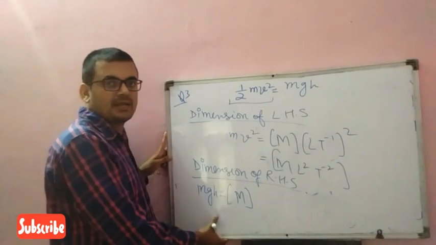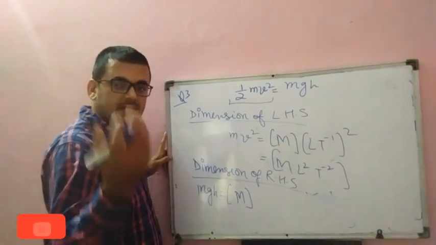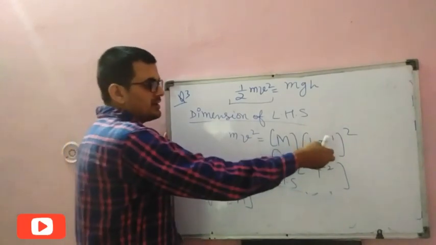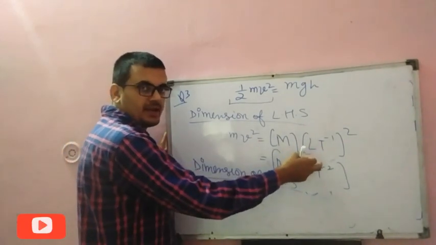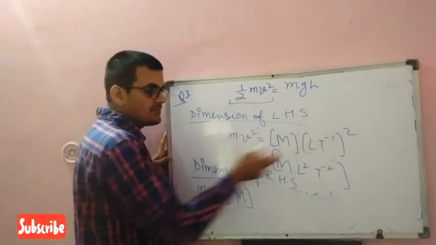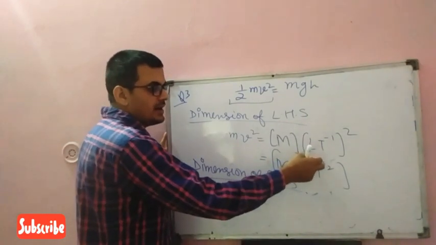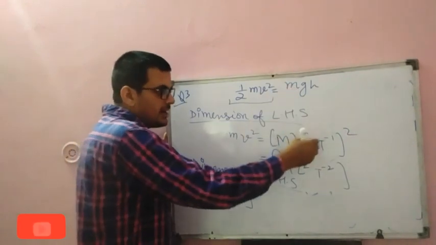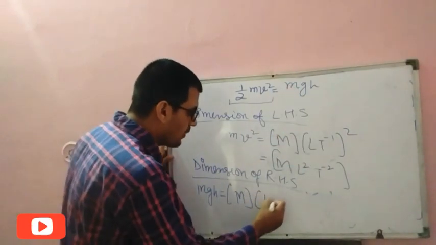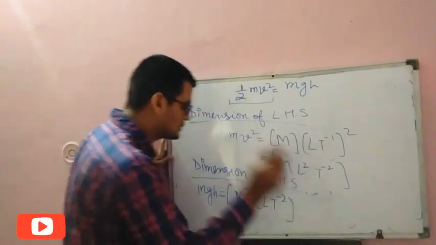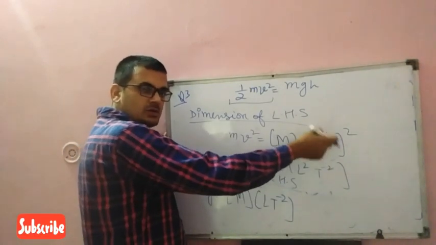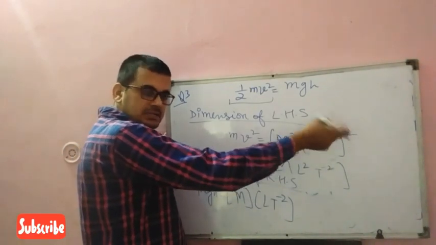G stands for gravitational acceleration, means acceleration. Acceleration means velocity upon time. In the dimension of velocity you divide by T. So when we divide by T, T goes up. It will be LT minus 1 upon T, so the power will be LT minus 2.